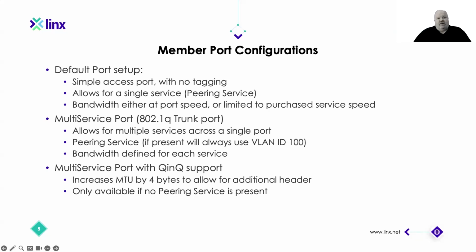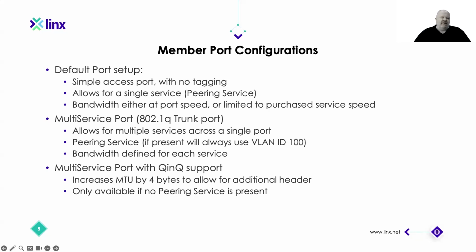The initial reason why we introduced support for Q&Q actually comes from some of our Cloud Connect products, i.e. some of the Azure ExpressRoute variations. Depending on how you want to use it, you need to enable Q&Q. That's why we started to introduce it, but it is also available on Private VLANs, for example. But as we increase the MTU of the port, we do not let you use that same port for peering service.